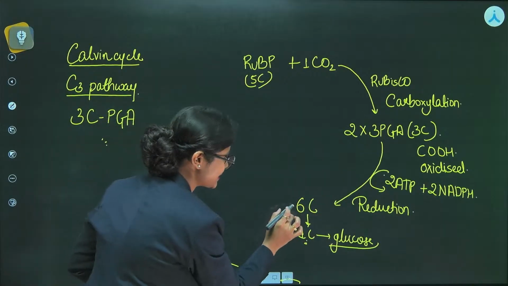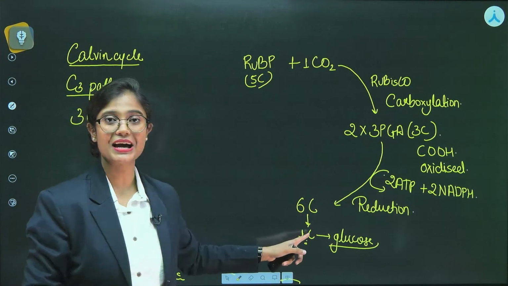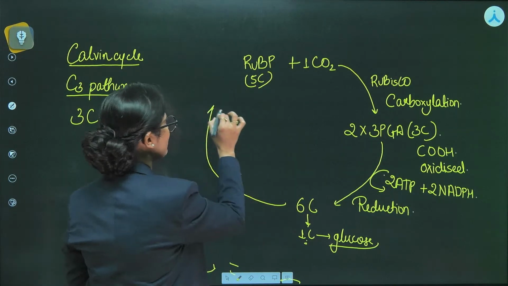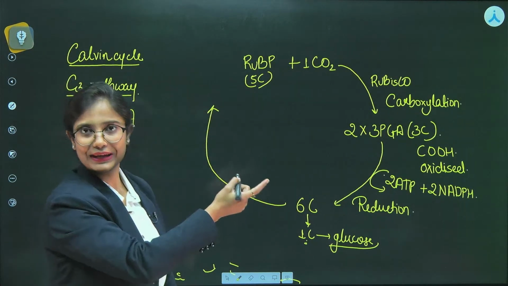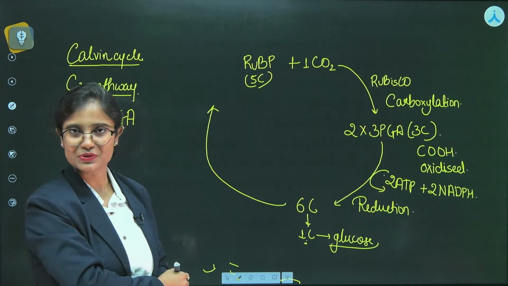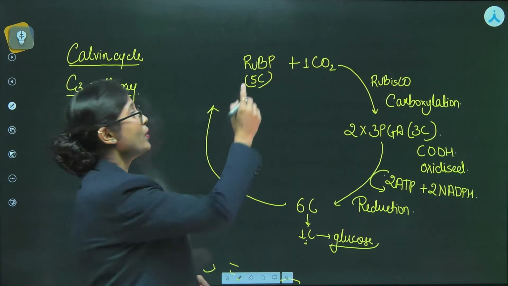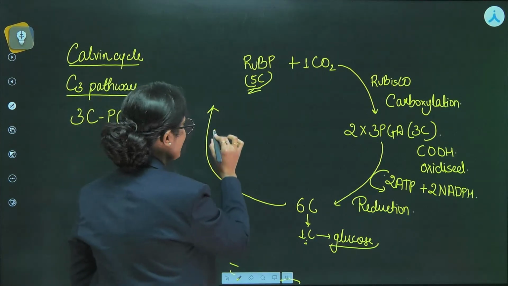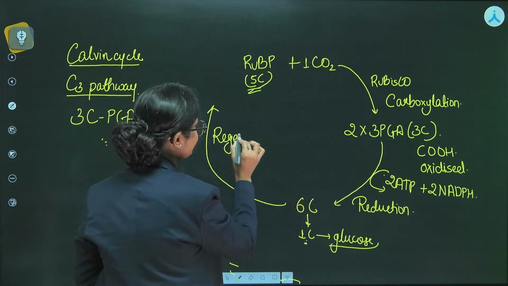Now यहाँ से हमारा एक कार्बन चला गया for the formation of glucose. The remaining 5 carbon will lead to the regeneration of the primary acceptor, that is RuBP, which is of 5 carbon. This process is known as regeneration.